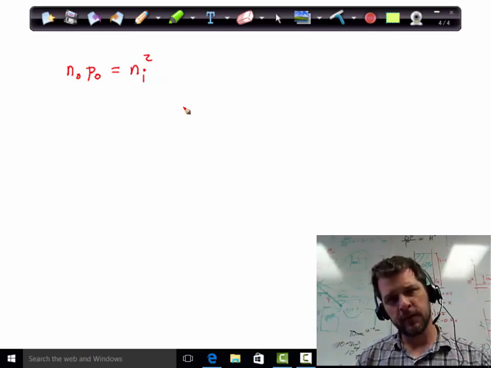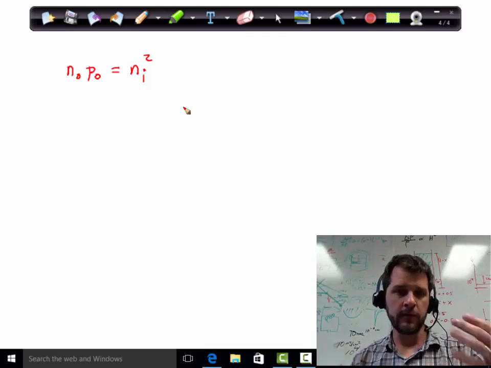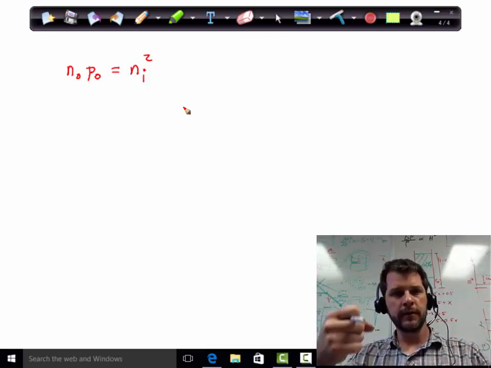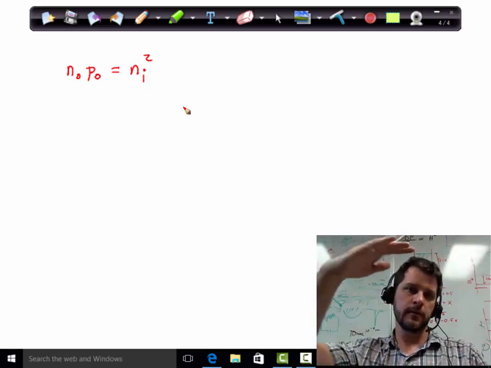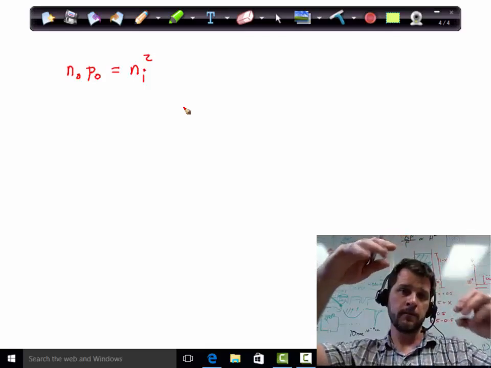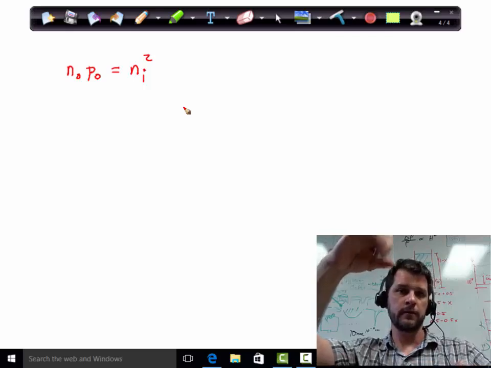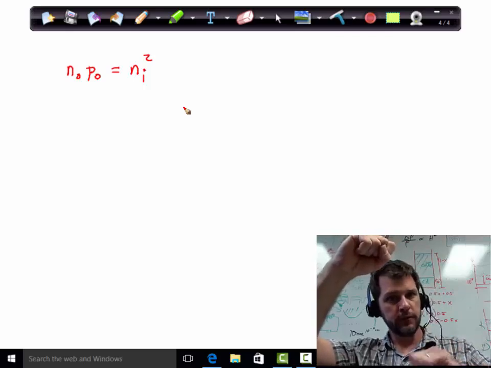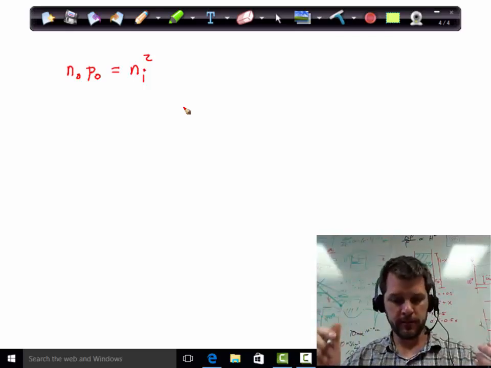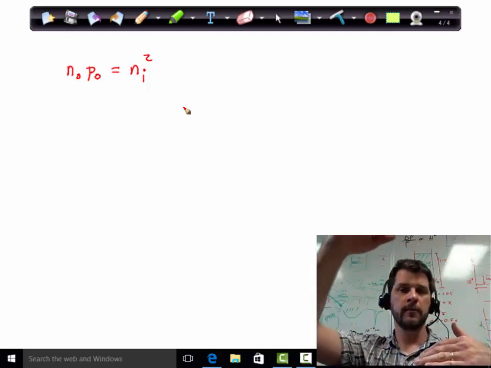And as its physical basis, what it says is, if you put lots of electrons into a semiconductor because you added phosphorus dopants, it's going to increase the probability of electrons meeting with holes in the valence band and annihilating each other. And then there's a certain rate that electron-hole pairs get generated just by random thermal excitation.